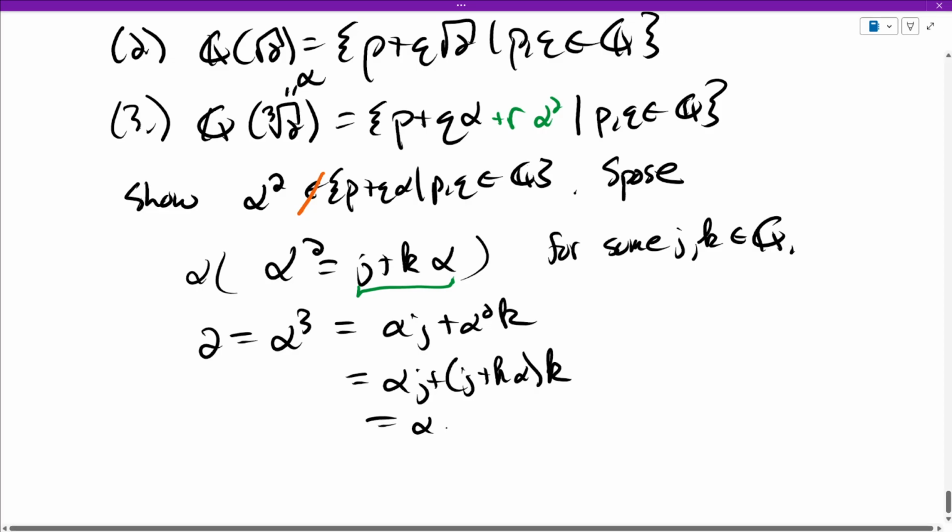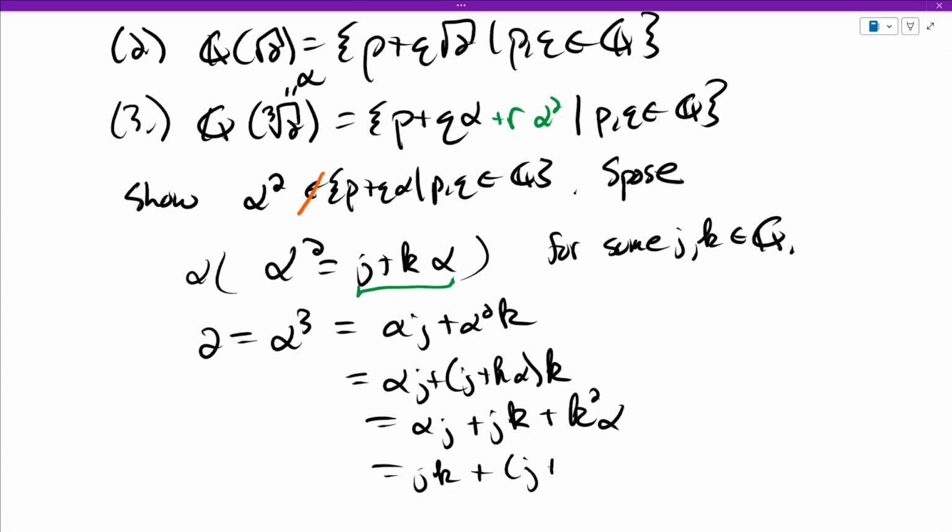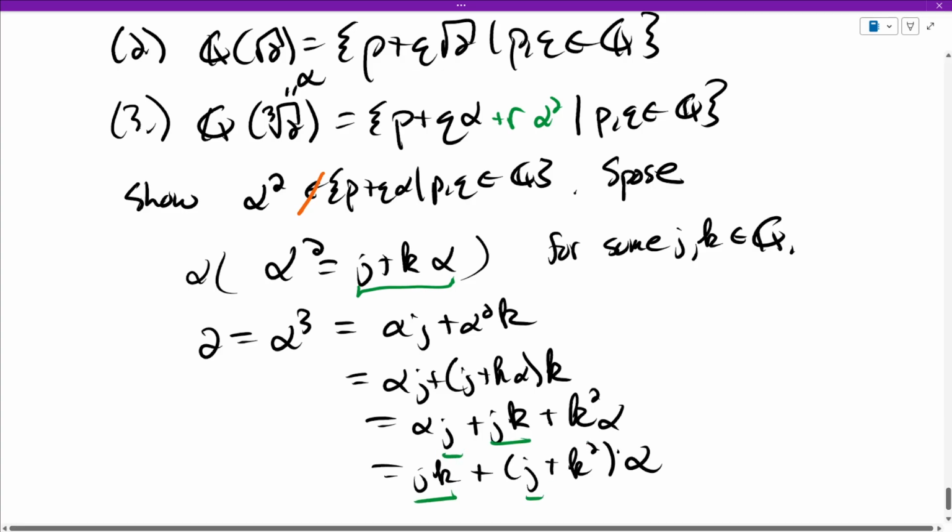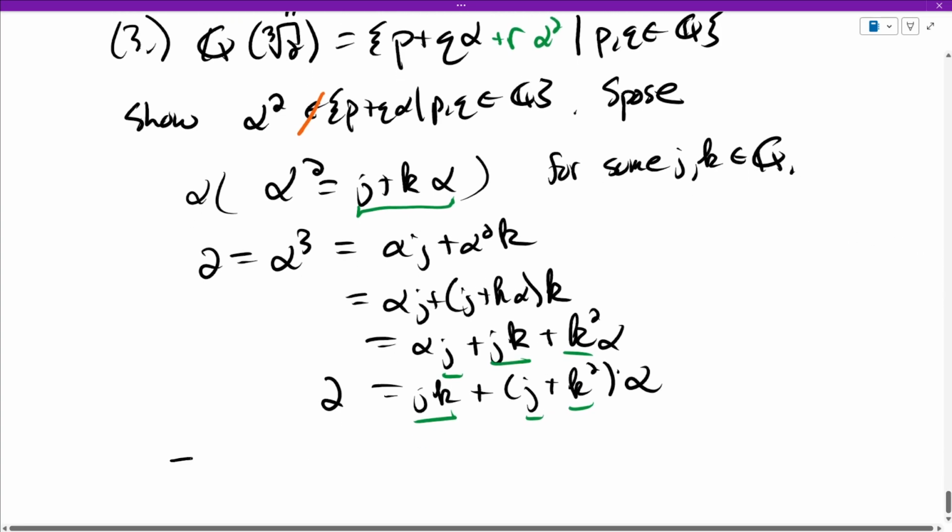And then we're going to get alpha j + jk + k squared alpha. So I think we get jk + (j + k squared) alpha. Let me just underline jk, and then we have the j, and then we have the k squared. Okay, everything works out. Cool. And on the very left-hand side, we have a 2.